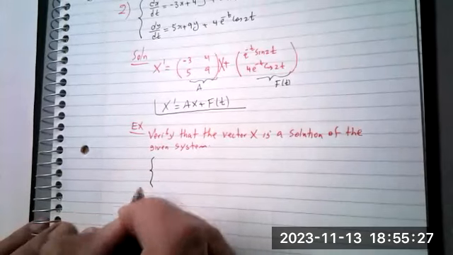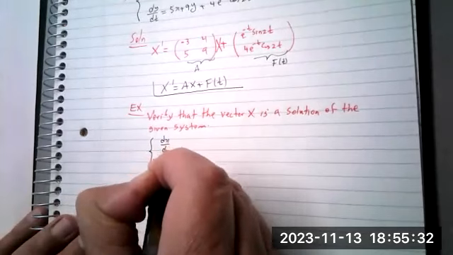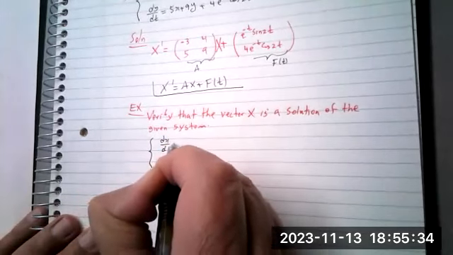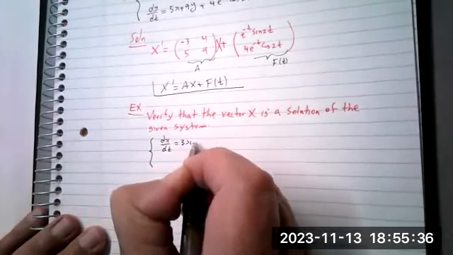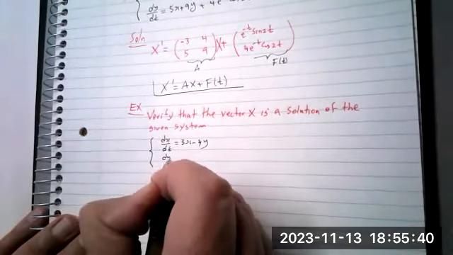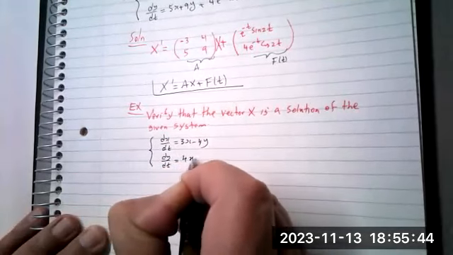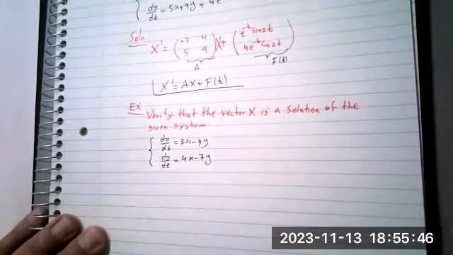So this is the system. The system is dx/dt equal to 3x minus 4y. Then dy/dt, the second equation, is 4x minus 7y.